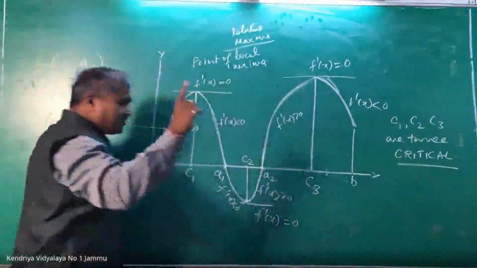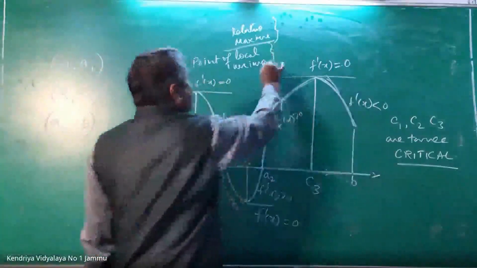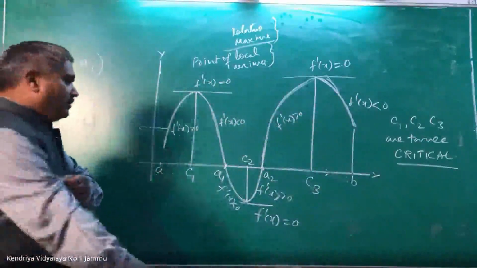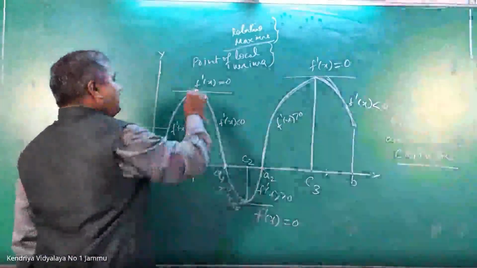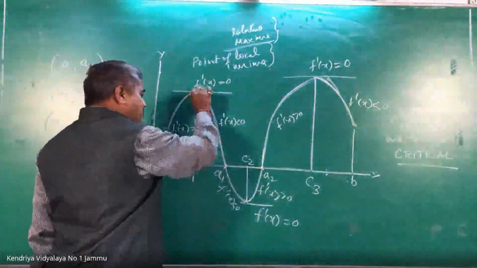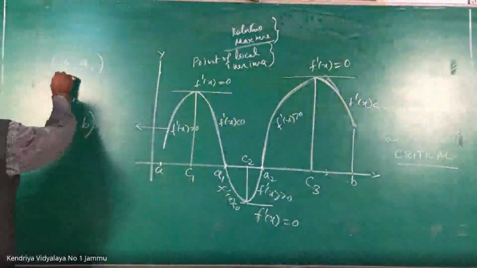But most importantly, why have we coined the words relative maxima and relative minima? The main simple reason is that this is the maximum in the interval A, A1.